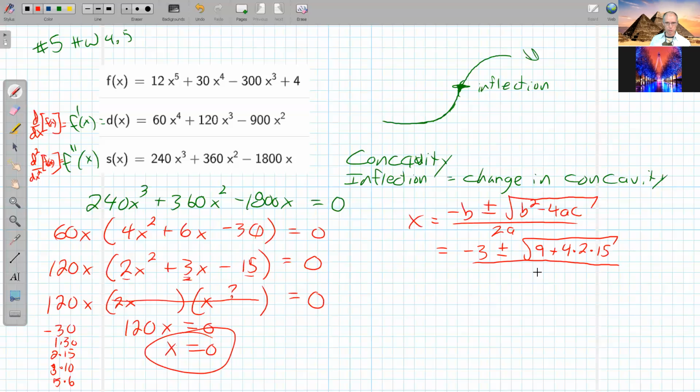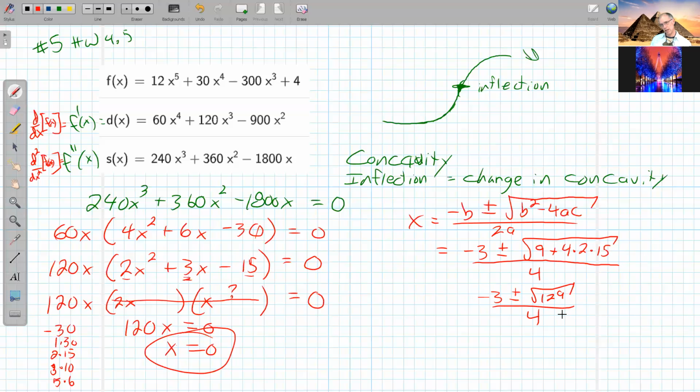And then all over 2 times 2, which is 4. And what do we get here? 2 times 15 is 30. 30 times 4 is 120 plus 9. Is that right? Yep. So that's the square root of 129. So I have negative 3 plus or minus the square root of 129 over 4.